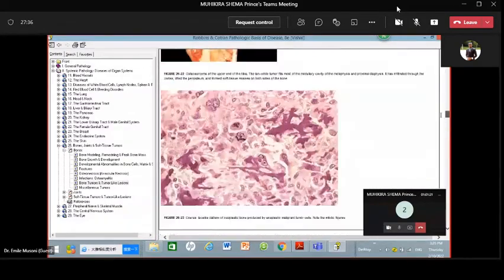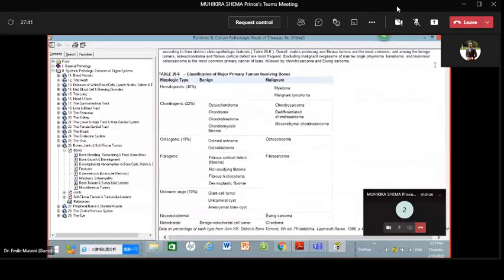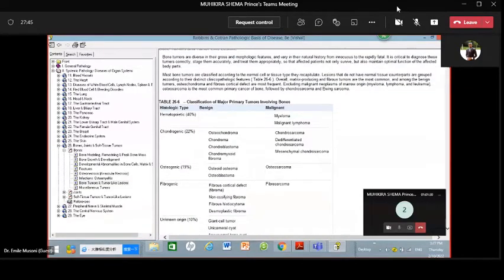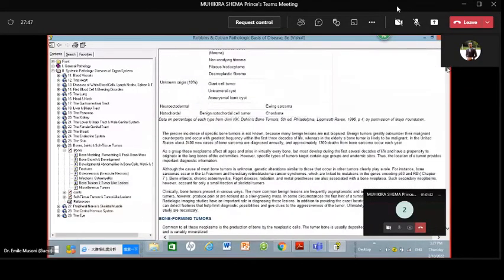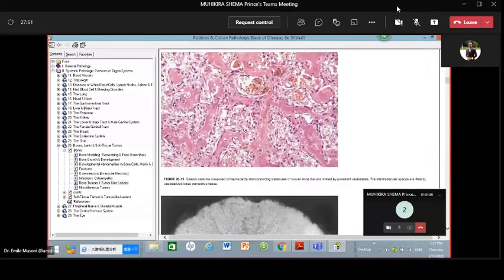If I have it, I will share with you. Here there is the location of the tumors and the diagnosis. What I see, this one is the osteoma. It is benign.